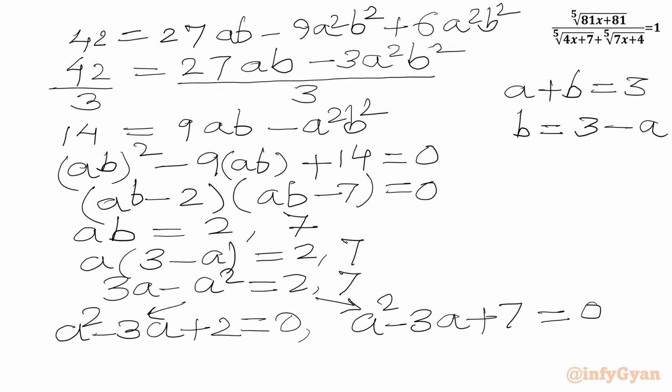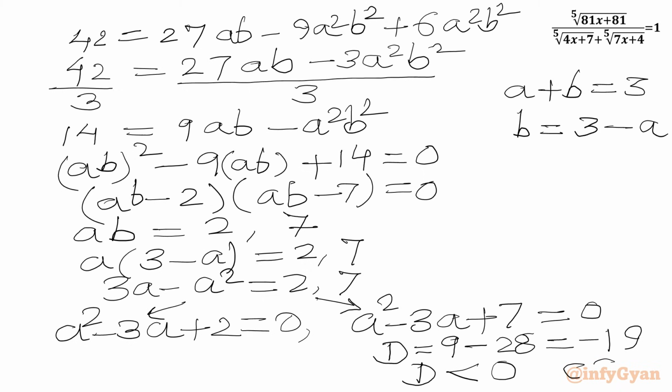From our second quadratic equation, if we calculate the value of the discriminant, then the discriminant will come out b^2 minus 4ac: 3 squared is 9, minus 4 times 1 times 7, which is 28. The value will be equal to minus 19. Once the discriminant is negative, we are going to get complex solutions.